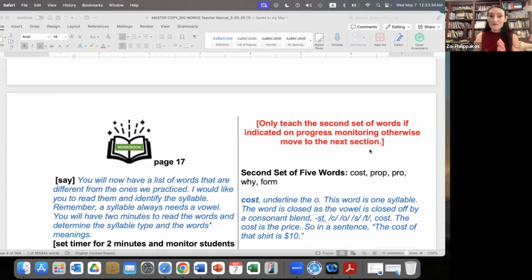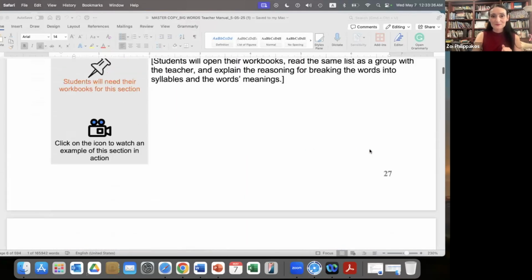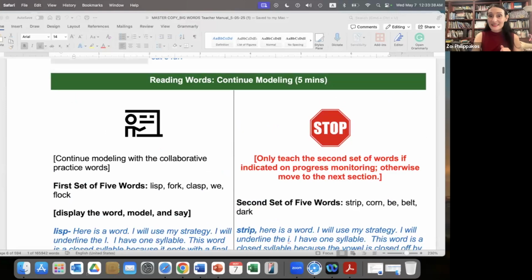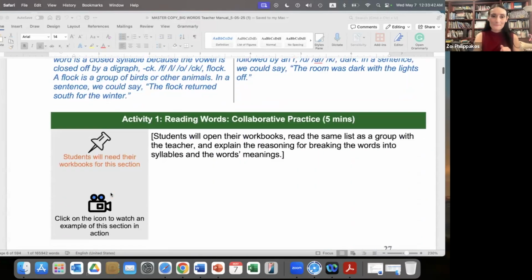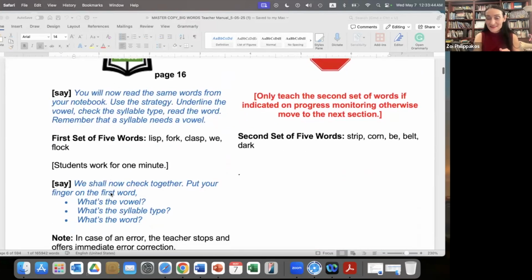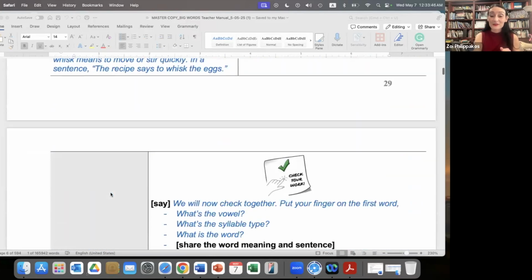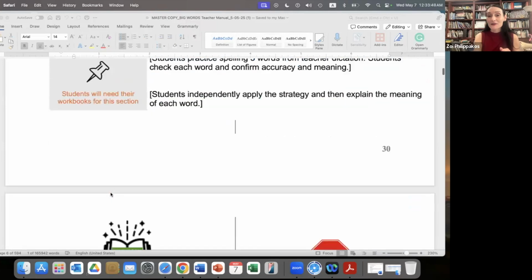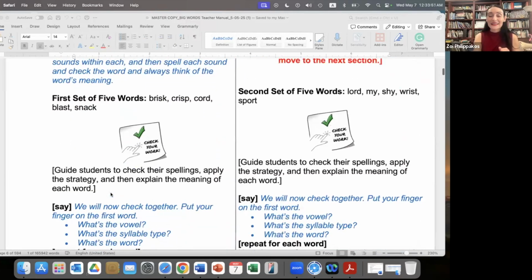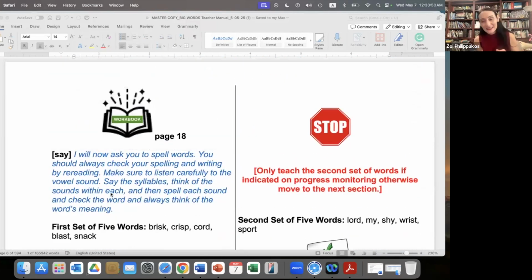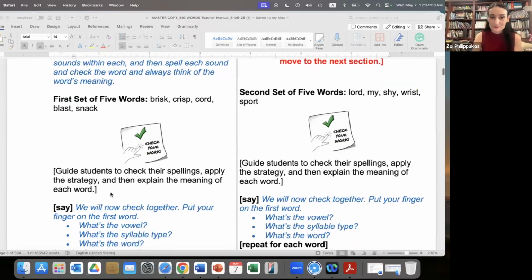And we have a first set of words and a second set of words for teacher modeling, for student practice, and also when we're working on spelling, again, first set of 5, second set of 5. Why is it there? Only to be used if the students don't perform as expected in the progress monitor.